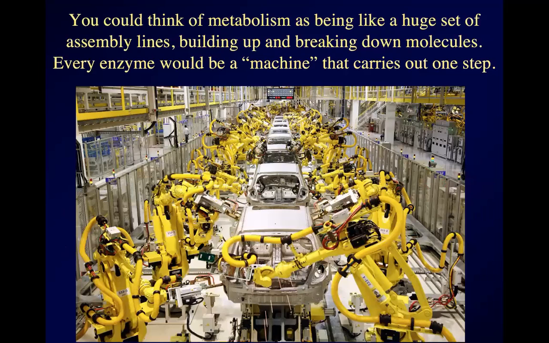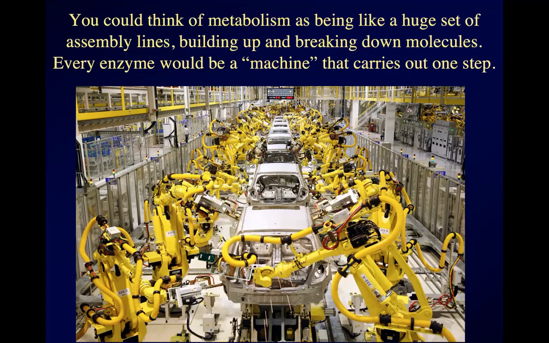So if you look at all of the metabolism that's going on in a cell, you could think of it as being like an enormous set of assembly lines. Here's a bunch of, looks like cars being put together. And every one of these yellow things is an industrial robot. And each one of those does exactly one step.